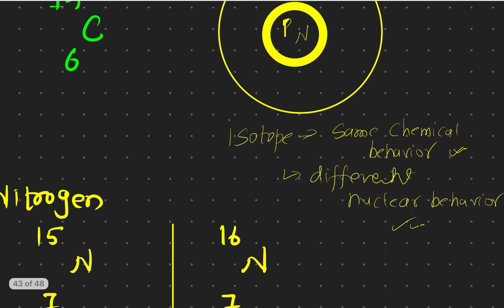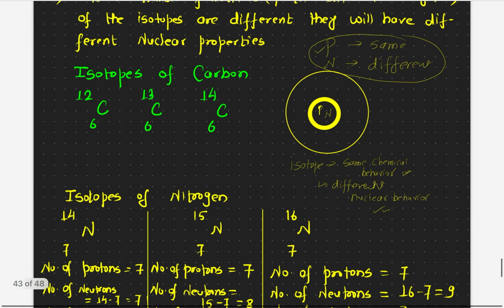An example of isotopes is carbon. Each carbon here has exactly the same number of protons, 6, but 12, 13 and 14 represent the mass number, the number of protons and neutrons together, and each has a different number of neutrons.